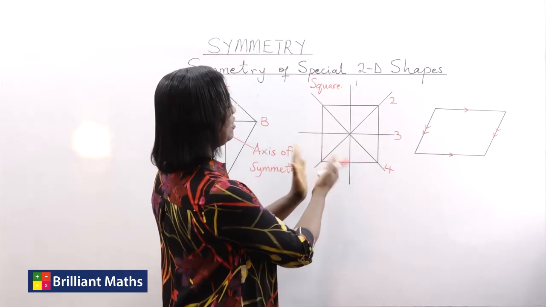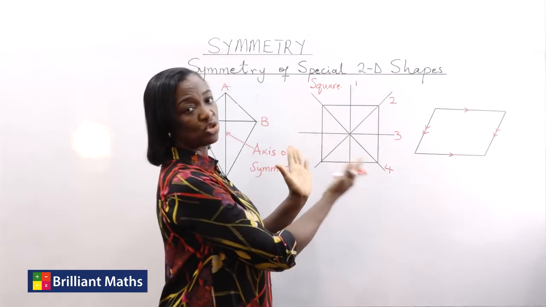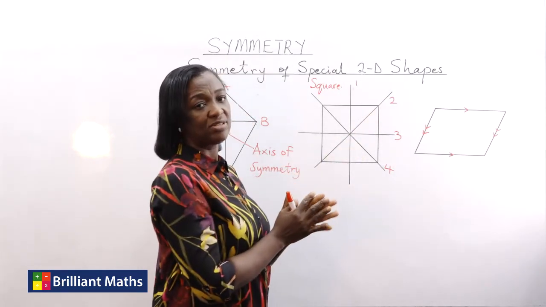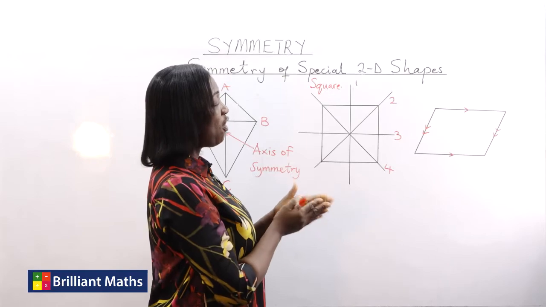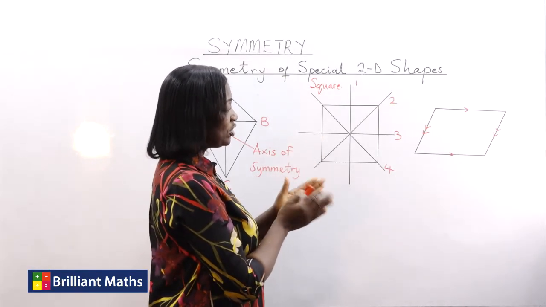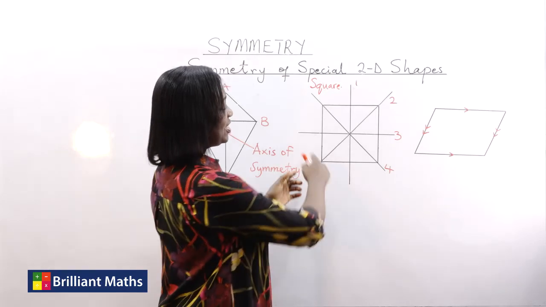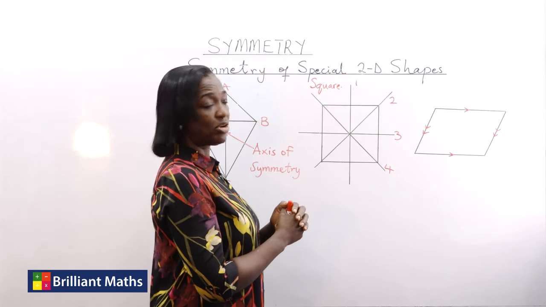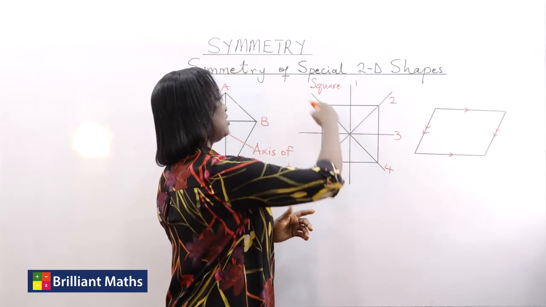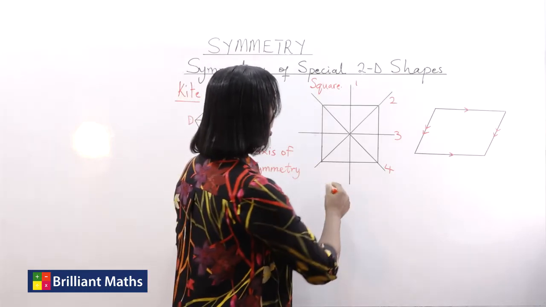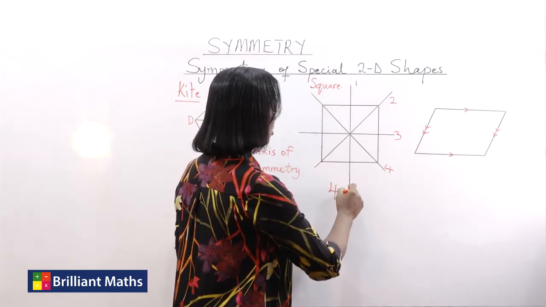If you fold the square on that line, it folds into two identical parts. The diagonal is also a line of symmetry. If you fold a square along the diagonals, it will fold into two equal parts. Then the line in the middle is also a line of symmetry, and then the other diagonal. So a square has four lines of symmetry.